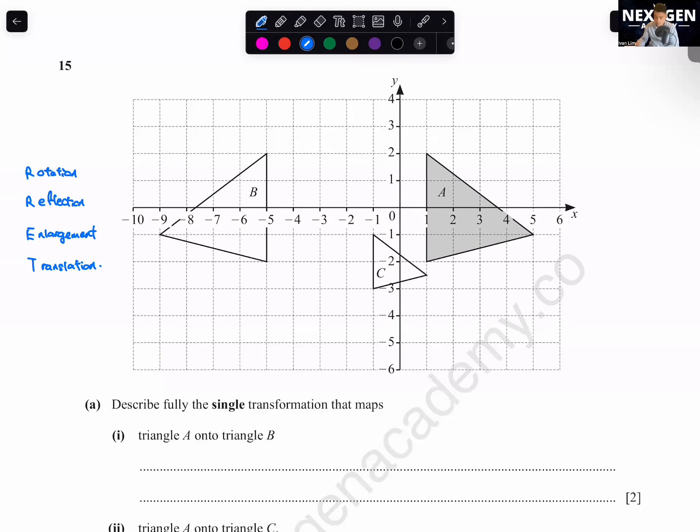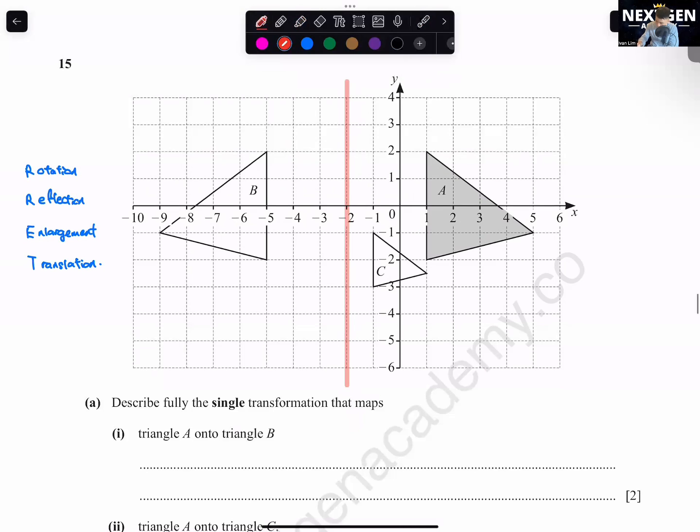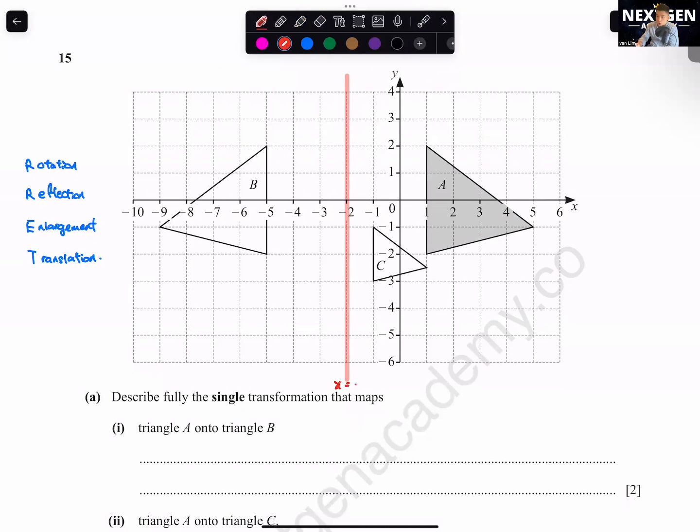A to B, what is it? This is a reflection, right? We can draw a mirror, which is over here. This is the mirror, x equals -2. Another thing you can see is the marks over here. These marks will give you some clues also. Two marks will be reflection and translation.